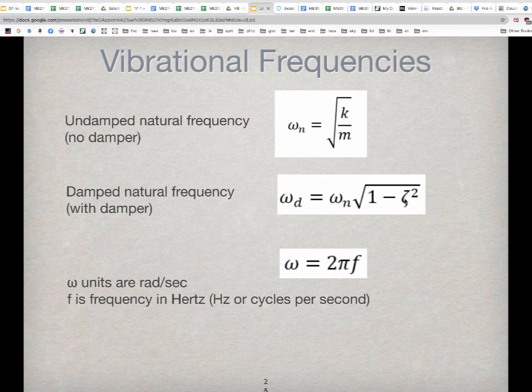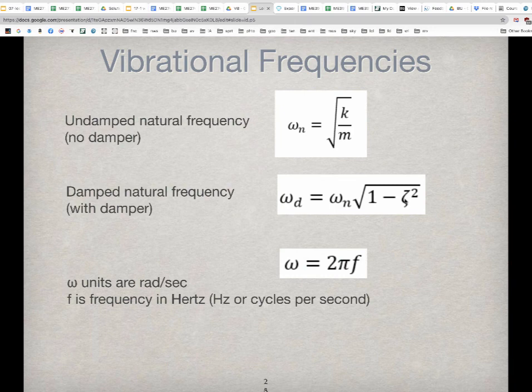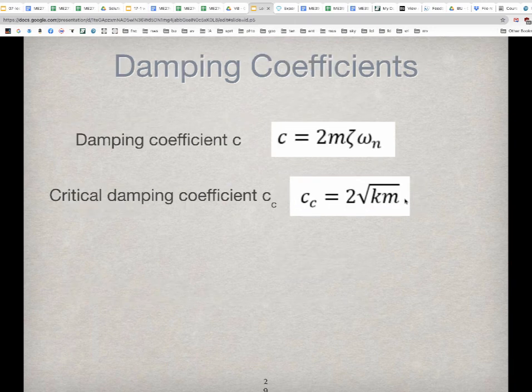And if you have the frequency, you can turn that into omega. Omega is radians per second, and the frequency is in hertz, so just multiply by 2 pi. The damping coefficient is given by this equation here, 2 times the mass times the damping ratio times the undamped natural frequency. And the critical damping coefficient can be calculated using this equation, 2 times the square root of km.